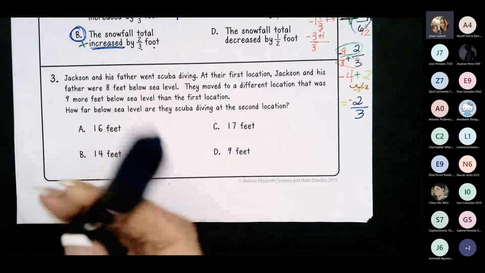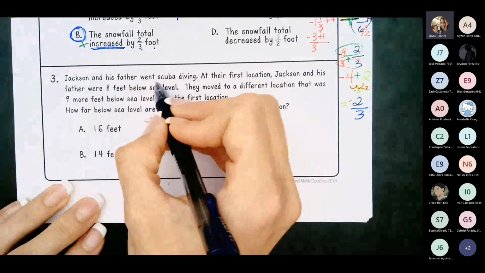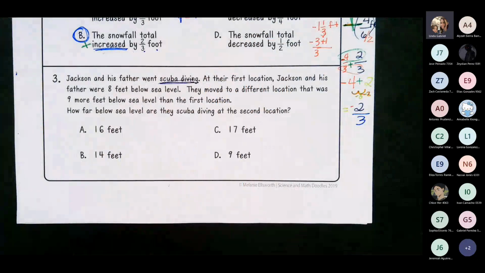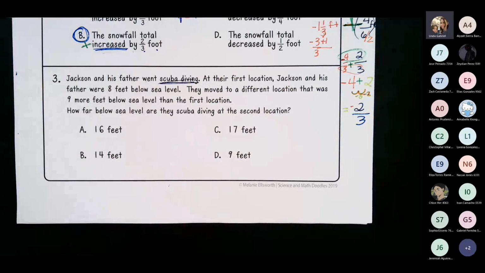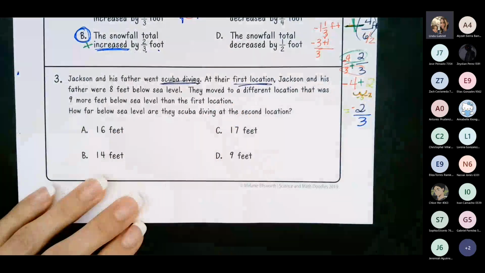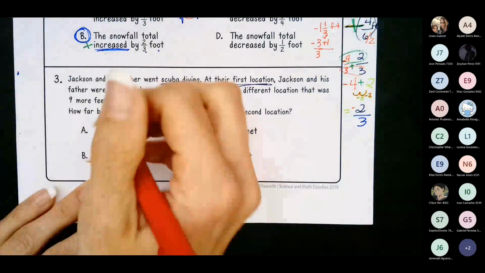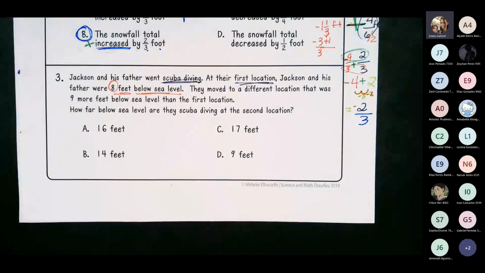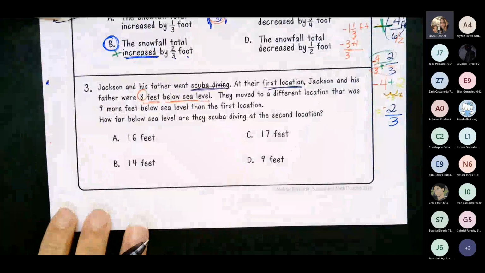So, question number 3, Jackson and his father went scuba diving, right? When you go scuba diving, that means you go under the water, right? Dive down and go scuba diving in the water. At the first location, Jackson and his father were 8 feet below sea level. So let's have our ocean over here.